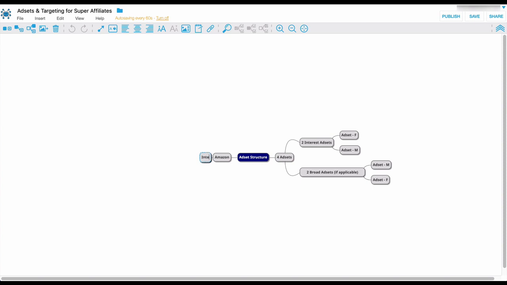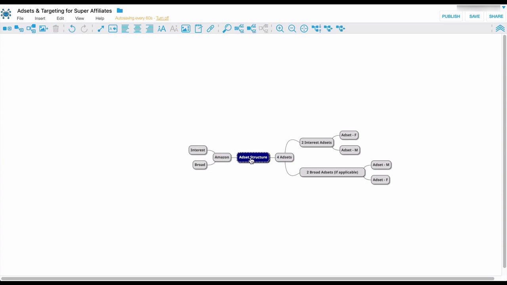So it's definitely interest, and obviously we always start off with interest. Most offers will be interest guaranteed with broad as an additional option, right? So broad if applicable. You also have to think that Amazon has become this huge monster in the e-commerce space that almost everybody is using. So Amazon would potentially have that broad appeal as well. So what I would do is also test broad for an offer like Amazon.